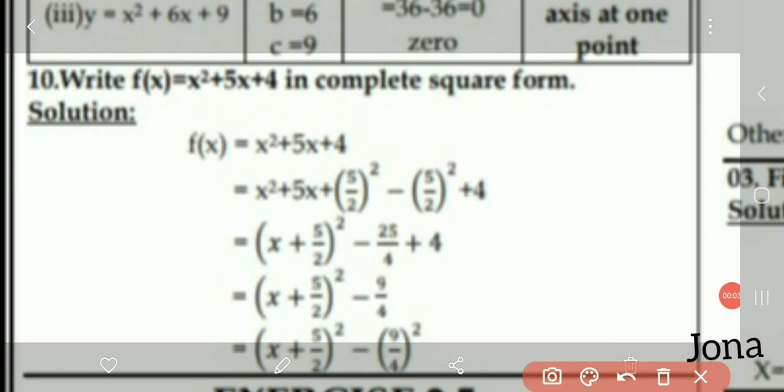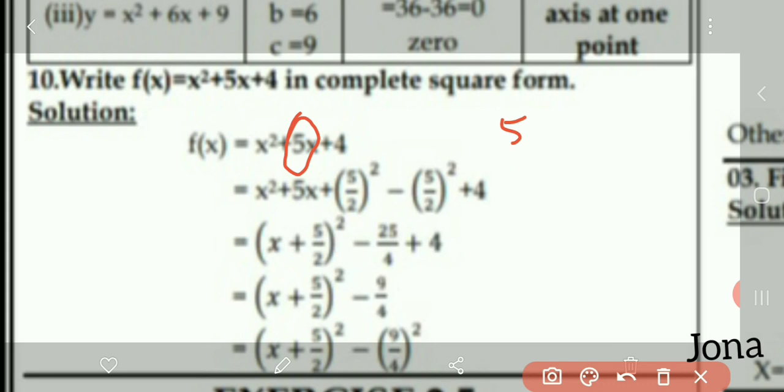Write f of x equal to x square plus 5x plus 4 in complete square form. So take f of x equal to x square plus 5x plus 4. Okay, I want to write this quadratic equation into complete square form. For this, we have some method, just listen.